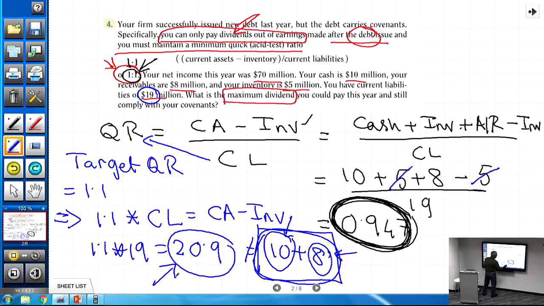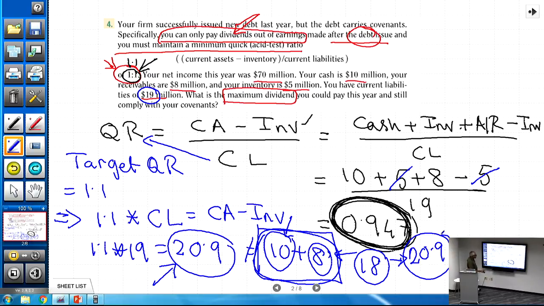Right now, on my right-hand side, it is 18. So how do I go from 18 to 20.9? What should I do?